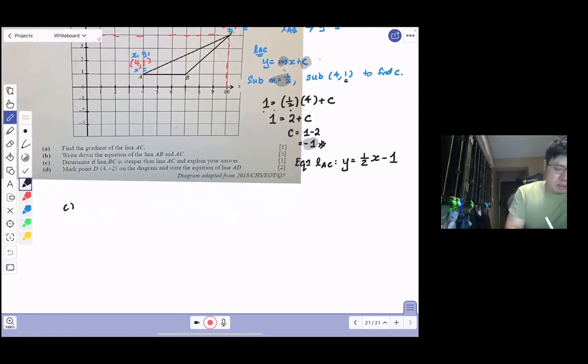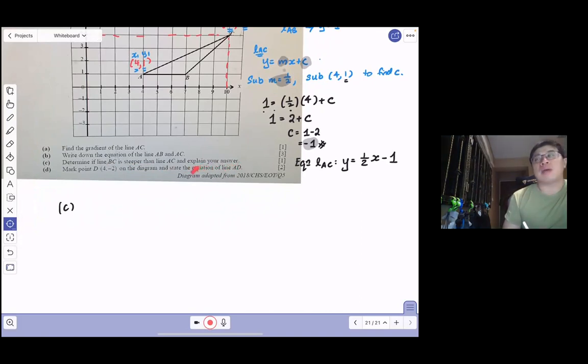Now part C: determine if line BC is steeper than AC and explain your answer. If we are talking about steeper, we have to measure by gradient. The larger the magnitude of the gradient, the steeper the line. So we measure the gradient of both.